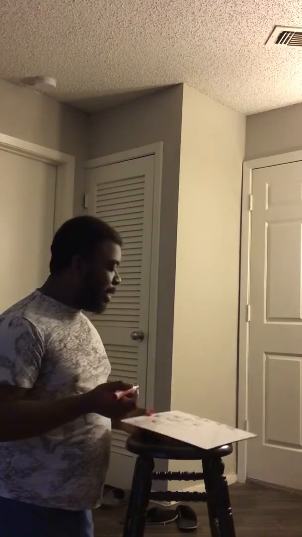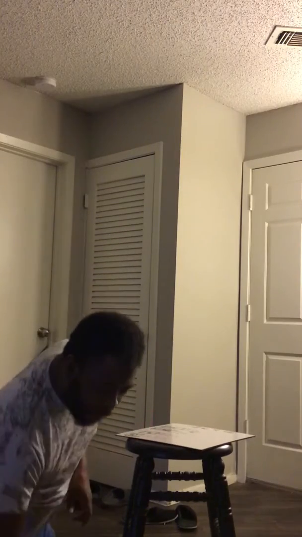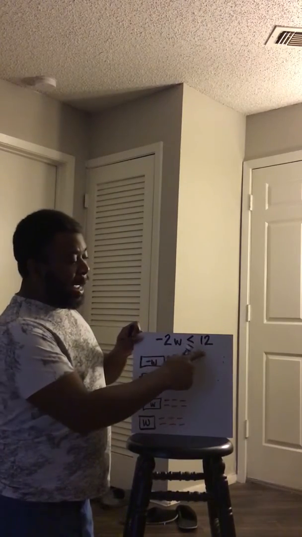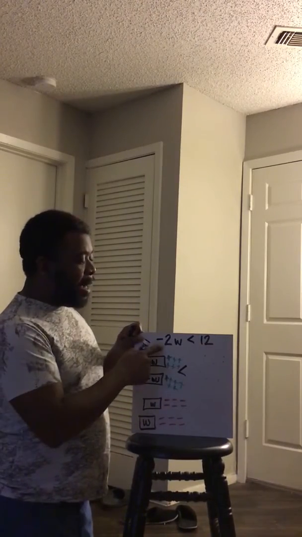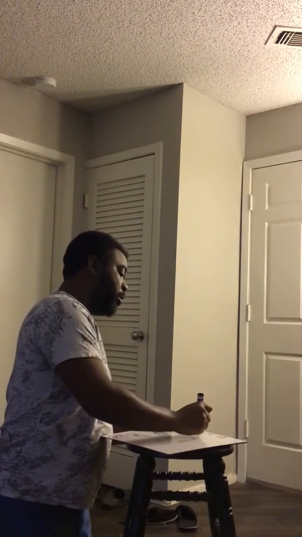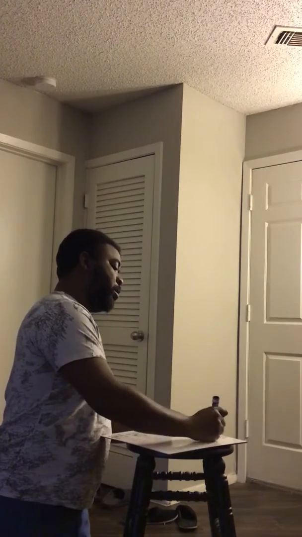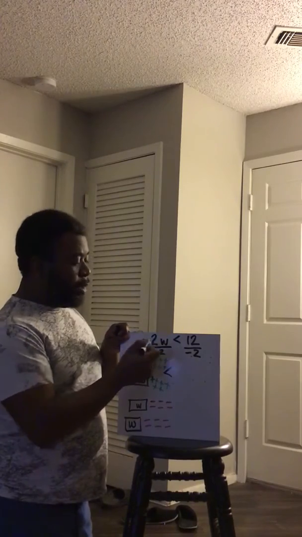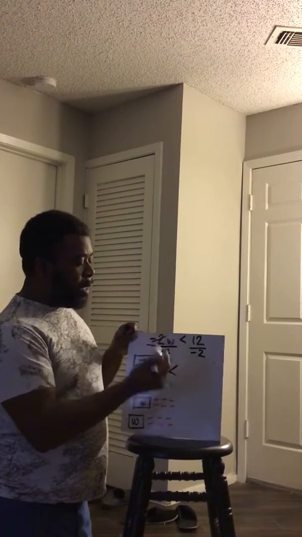Let's see it mathematically. I would have to divide negative 2 times w and 12. I'd have to divide it by what's attached, which is negative 2. And I got to do it to both sides. So if I divide negative 2 into negative 2, that gives me 1w.